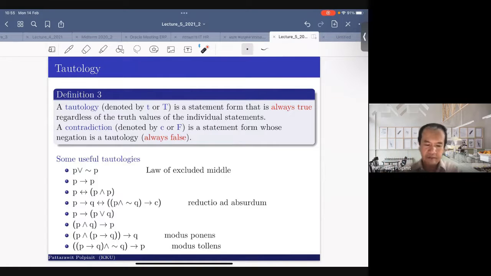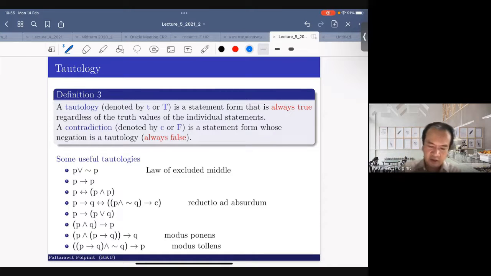The next one is about tautology. Okay, a tautology is a proposition that is always true. The opposite of a tautology is a contradiction. A contradiction is a statement that is always false, or is the negation of the tautology, which is false.